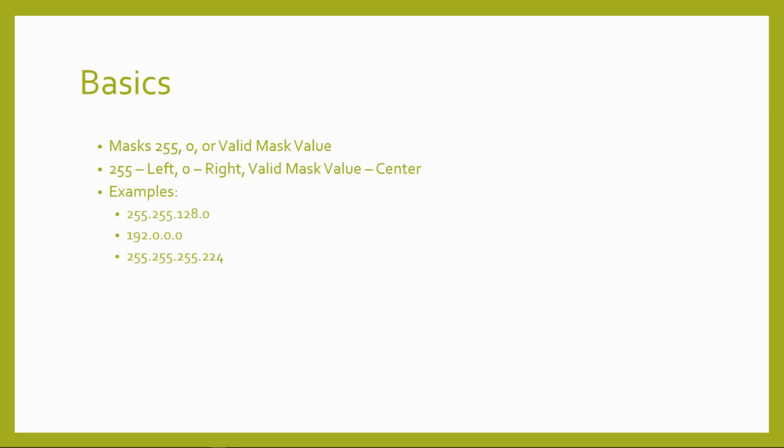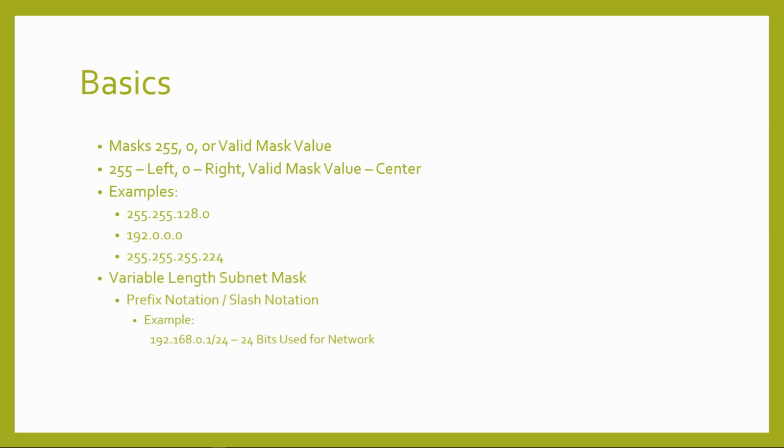Everything else is 0. So as you can see, 1s are all on the left side and 0s are all on the right. Just like the next example, 192.0.0.0. Same thing. We have all the 1s there in the first octet, 0s the rest of the way. Or a very common one, 255.255.255.224. Again, all the ones are on the left and 0s go on the right. So this gives us a great way to look at this.